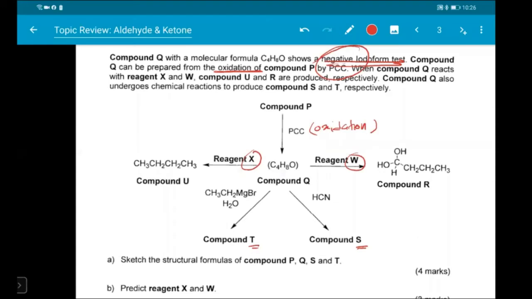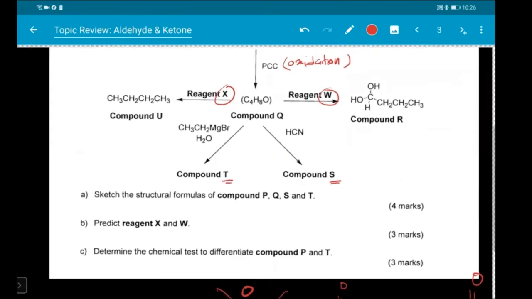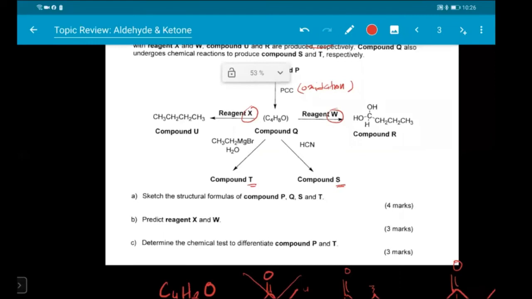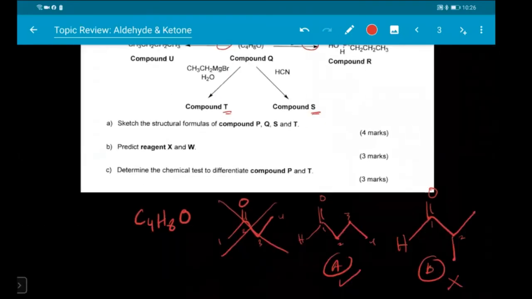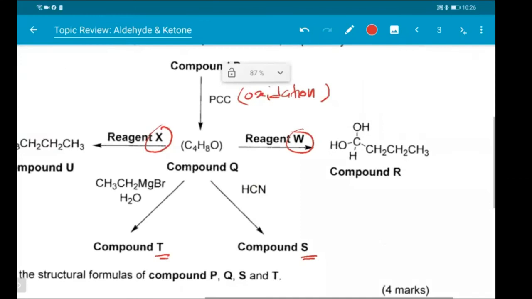Alright. First and foremost kan, saya nak explain kenapa jawapannya adalah yang tadi saya tunjuk tadi kan. Kenapa jawapan struktur itu adalah A, bukan B. Okay. Hint dia adalah dekat compound R ni.